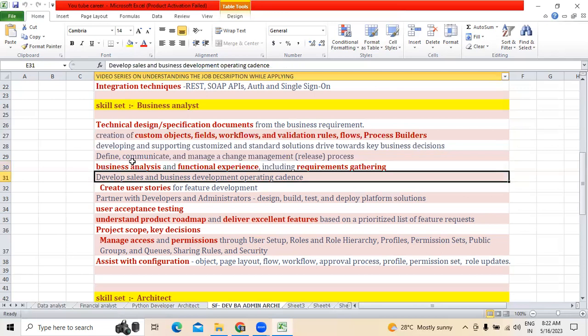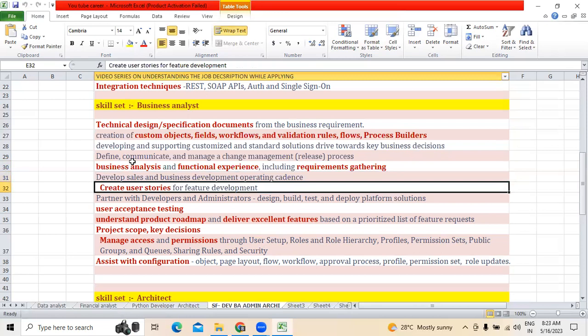Followed by this, you need experience in developing sales and business development operational cadences. If you are working in an agile environment in the field of application development nowadays, even agile is becoming essentially important, because earlier we used to have traditional models, like the waterfall model, for application development. Now applications are slowly transforming.